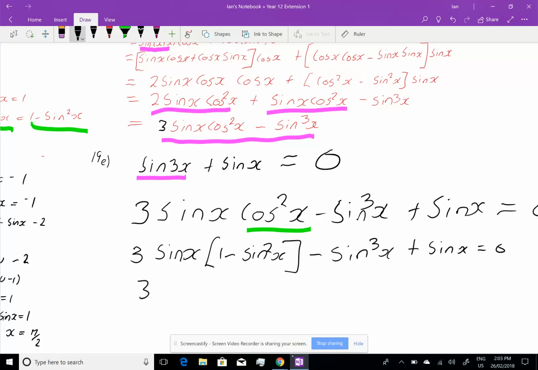That'll give me 3 sine x minus 3 sine cubed x minus sine cubed x plus sine x equals 0.